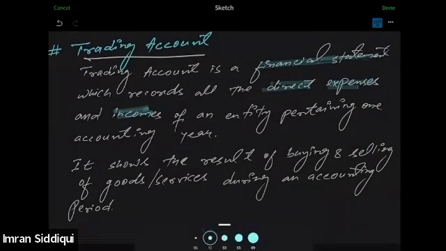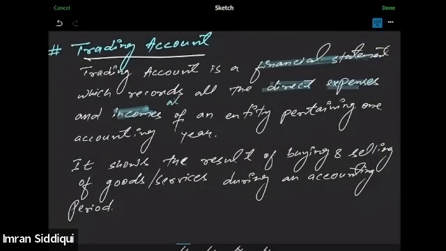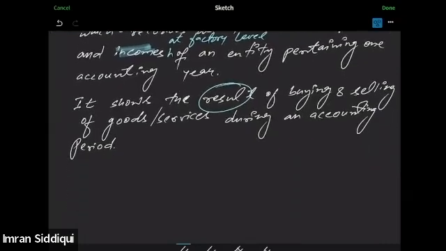In fact, let me write that down. Incomes at factory level will be recorded there in the trading account. All right. Apart from that, it also shows the result of buying and selling of goods and services during an accounting period. So, what do you mean by result?